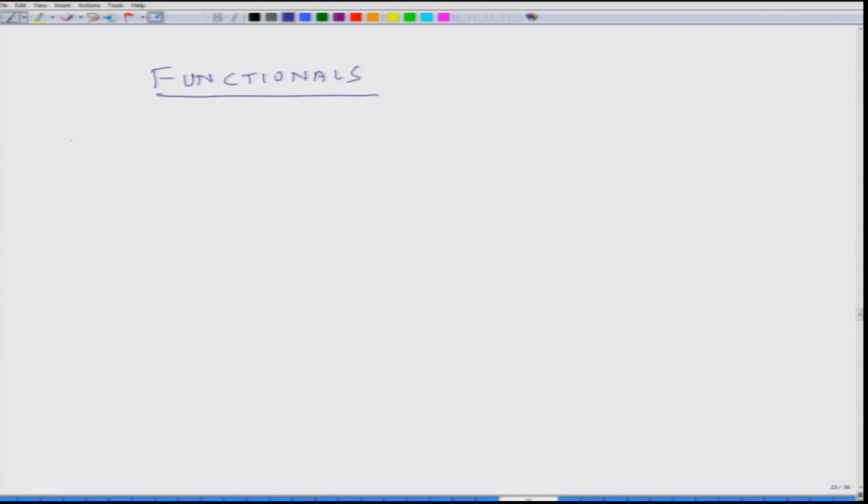Now, we will start with an example. Suppose I have this plot of a function f of x. So my y equals f of x, or, because I am going to use this letter u, I will say that u is a function of x.